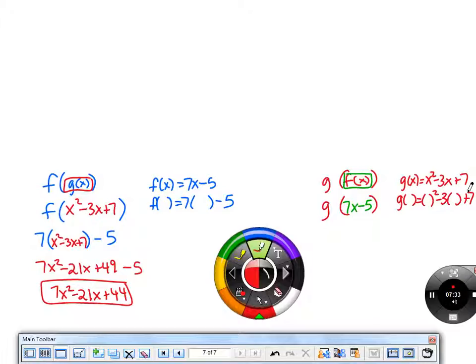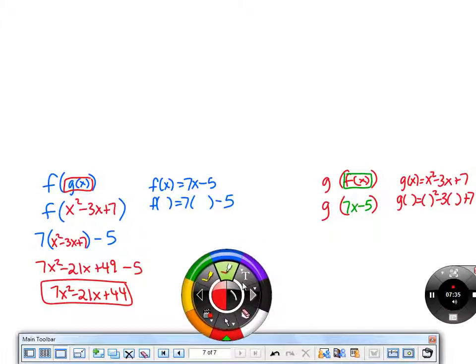So since we're using the g function, we want to do those operations. Something squared minus 3 times something plus 7. And the something that we're plugging in is that f function, 7x minus 5. Remember here that you actually have to multiply 7x minus 5 times 7x minus 5. So you should get 49x squared minus 70x plus 25 when you're done with that.